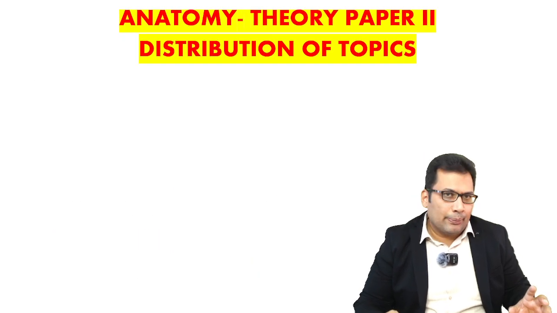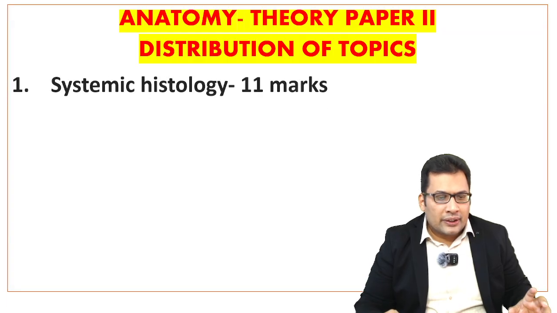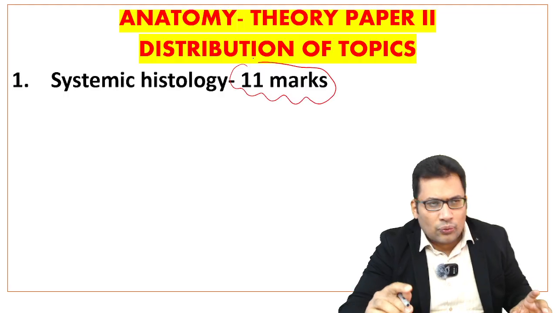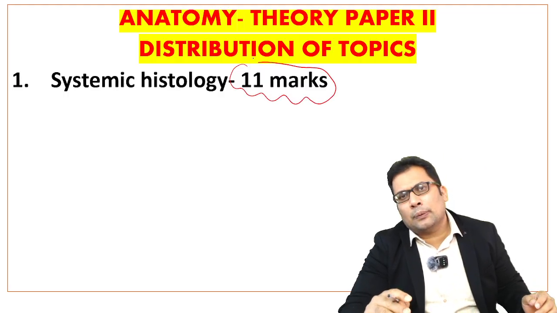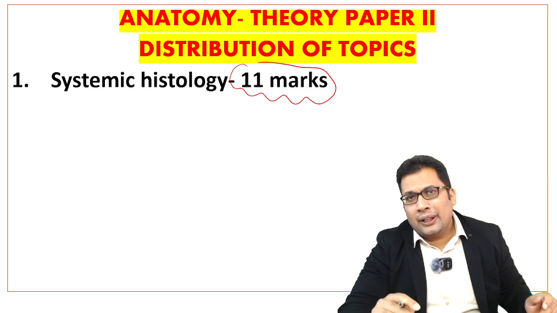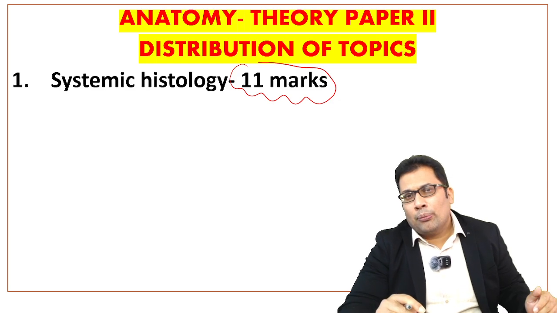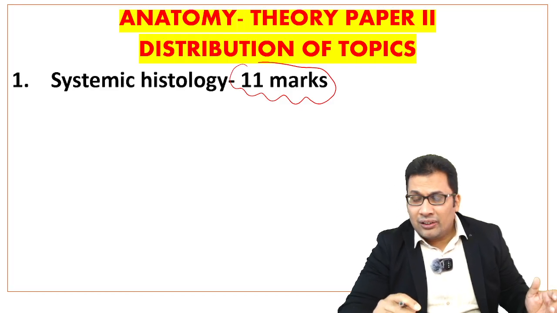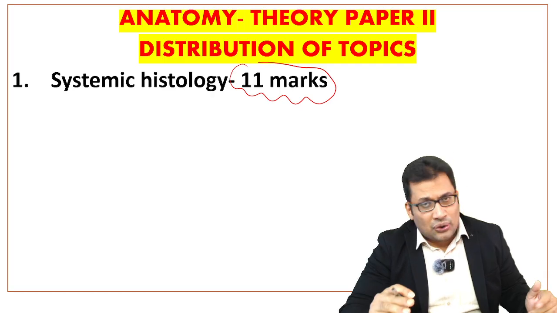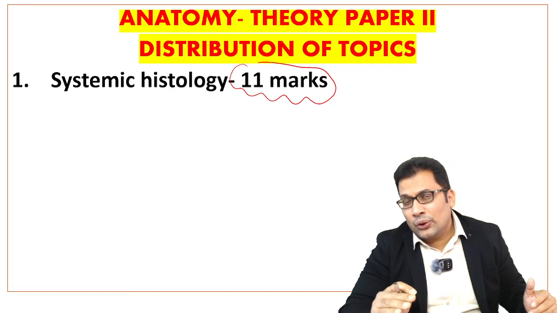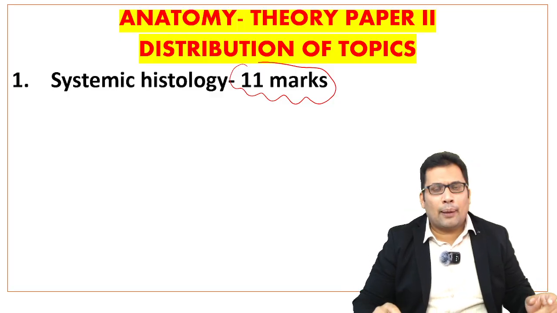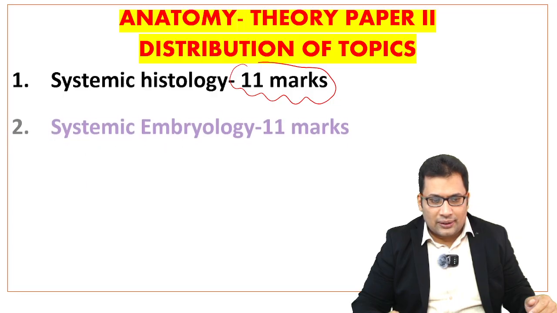Paper 2, if you ask me: systemic histology, 11 marks. One very commonly asked question is compare and contrast between prostate and vas deferens, epididymis, liver histology, renal histology, bladder histology, ureter histology, duodenum, jejunum, ileum. So, anything can be asked from systemic histology.